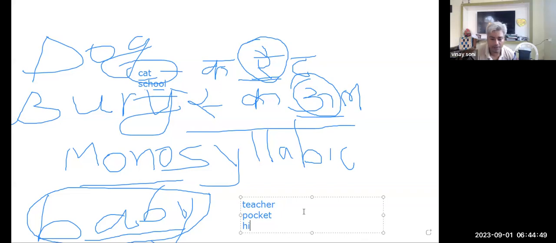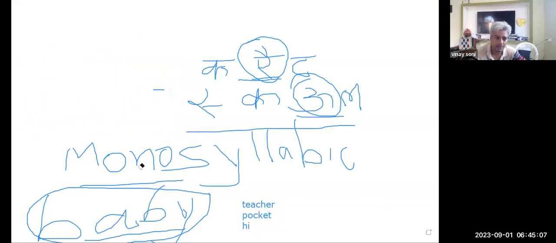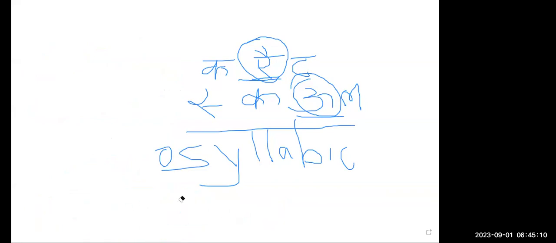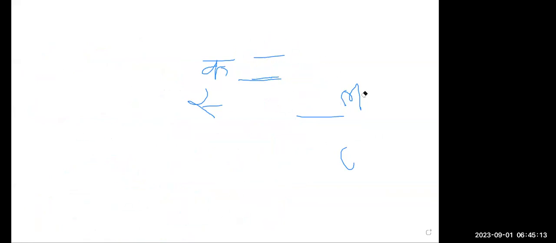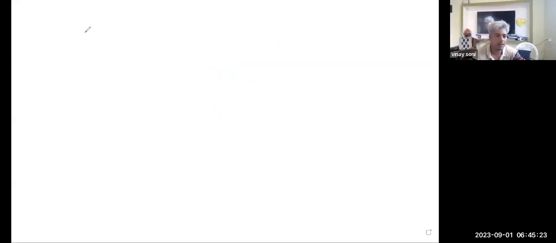Now listen, in English there are some extra vowel sounds that sound like two vowel sounds. In English there are 7 such vowel sounds, which sound like two vowel sounds together, but they are one.